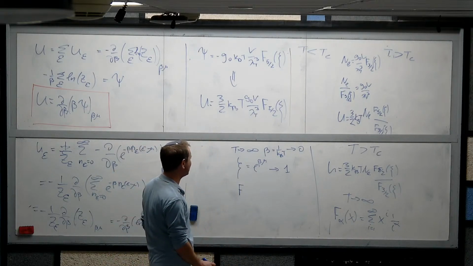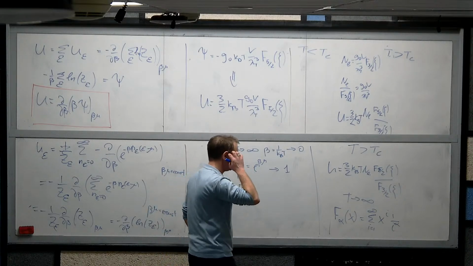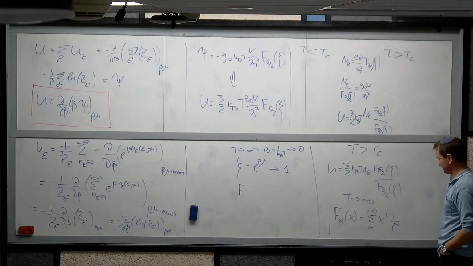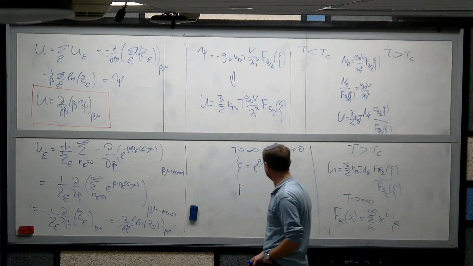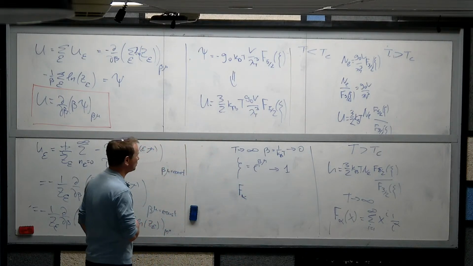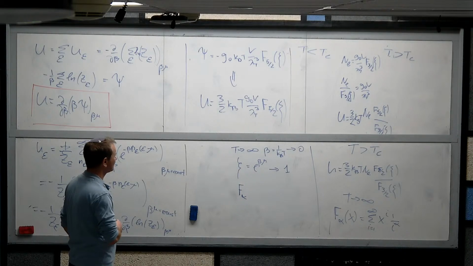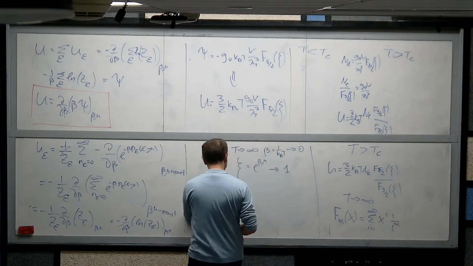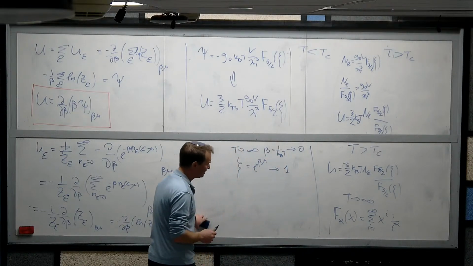Fugacity goes towards 1. Okay. So what starts to happen over here? So I have when X is exactly 1. Now fugacity is not going towards 1. Beta mu. Something strange is going on here.